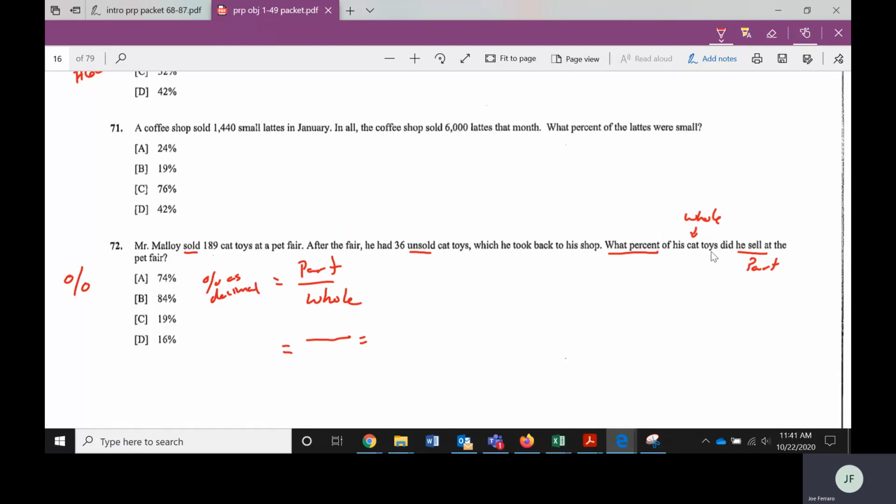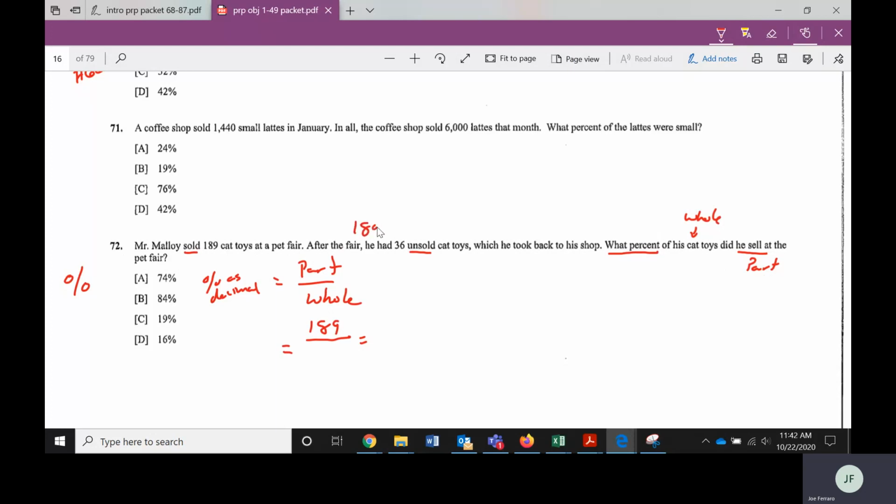So that is the part. He sold 189. Okay, and that's what we're looking for. So this ends up being like number 66. Now they didn't tell us what the whole is. He sold 189. He didn't sell 36.